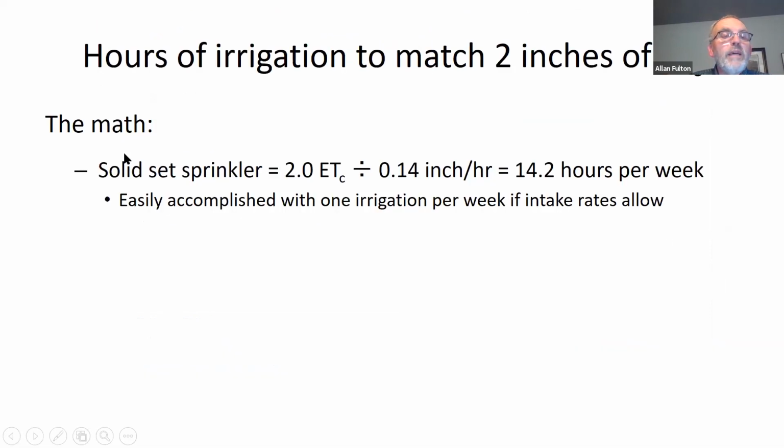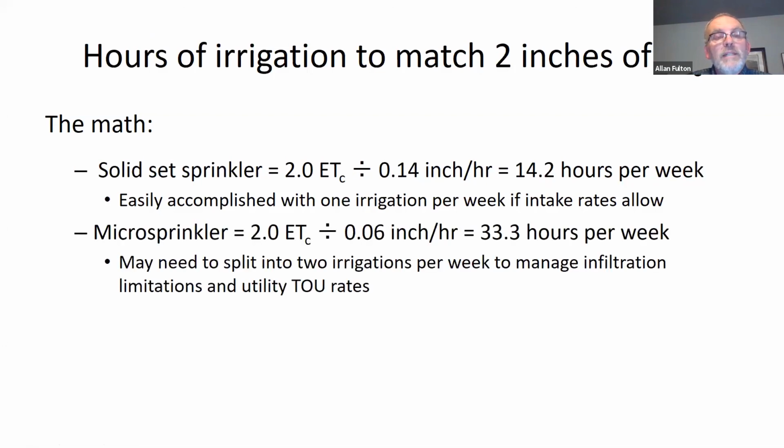So when we do the math with the solid set sprinkler, if we had a week in the summer, 2 inches of ET at 0.14 inches an hour, that's a little over 14 hours of irrigation needed at 100% efficiency. This is easily accomplished with 1 irrigation per week, barring the soils have a serious intake problem.